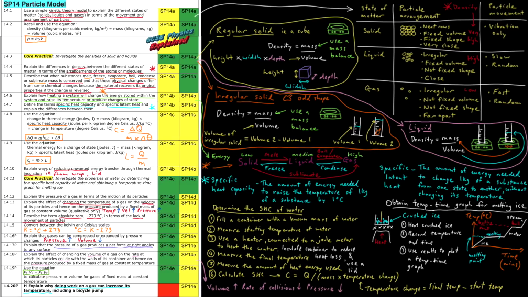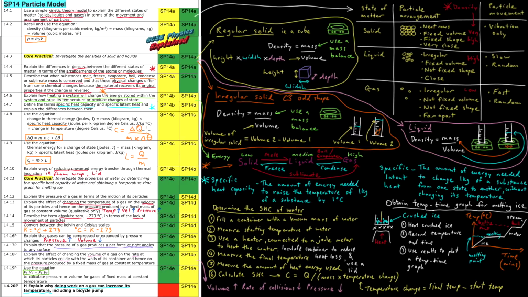Use the equation: change in thermal energy Q equals the mass times the specific heat capacity times the change in temperature. Now, you'll have to rearrange that sometimes in order to find the specific heat capacity.